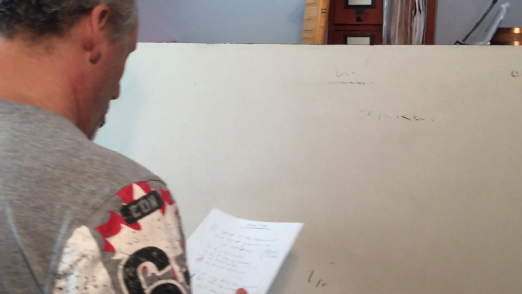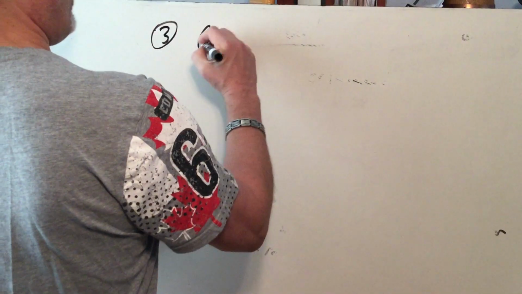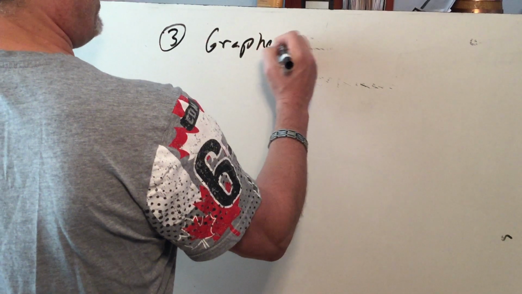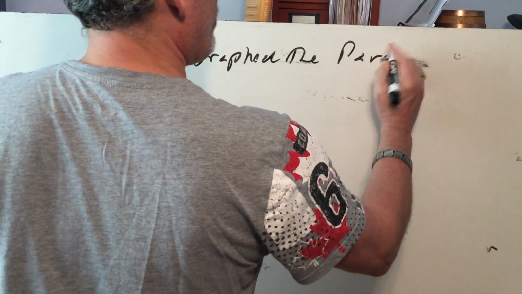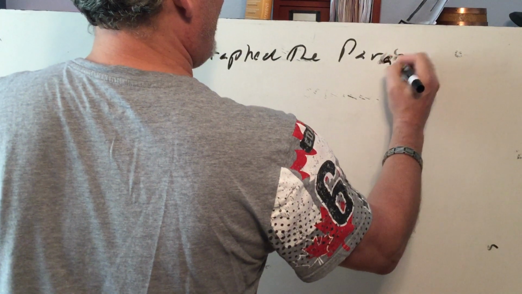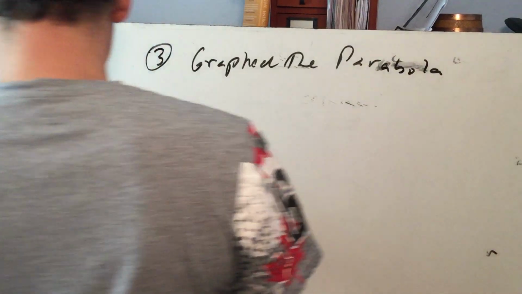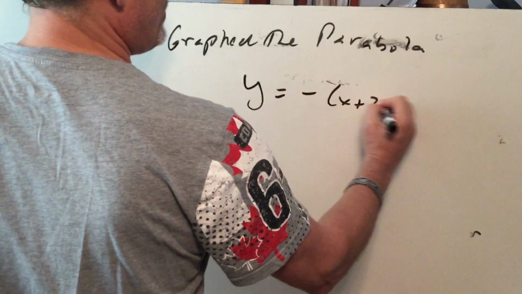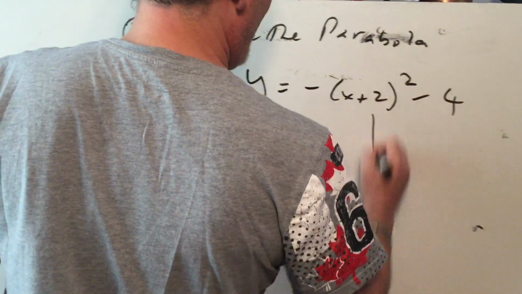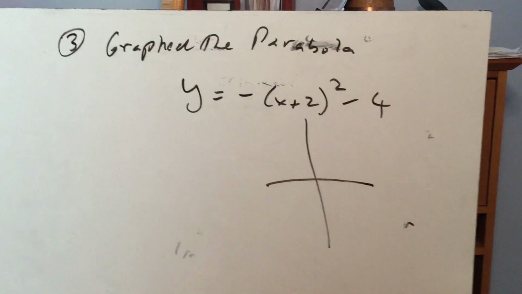Then number 3, we graphed the parabola. When we graph the parabola, if I give you a hard one like that, we can graph it.